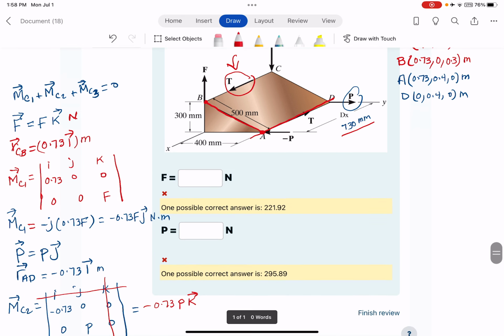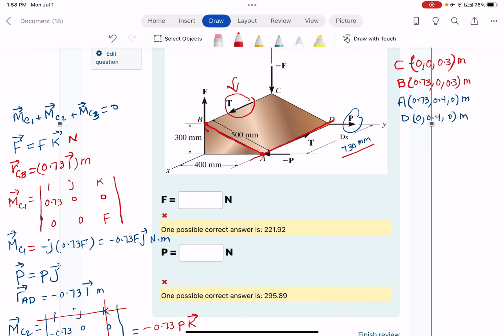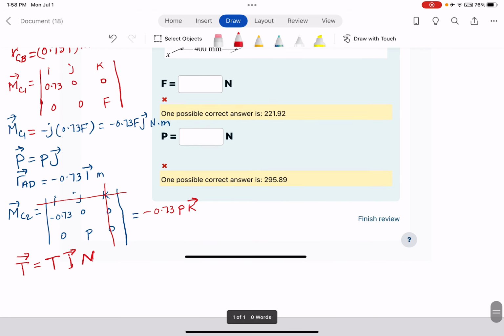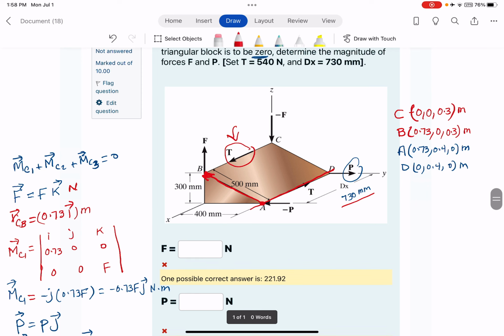So I'm going to take AB, sorry, AB. So I'm going to do RAB. Do we have A? Yes. Do we have B? Yes.